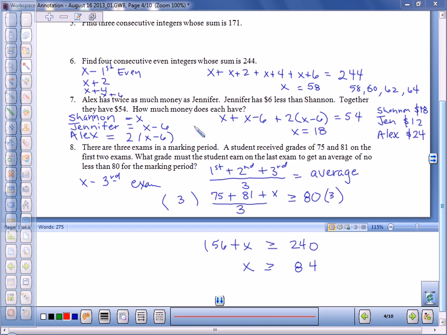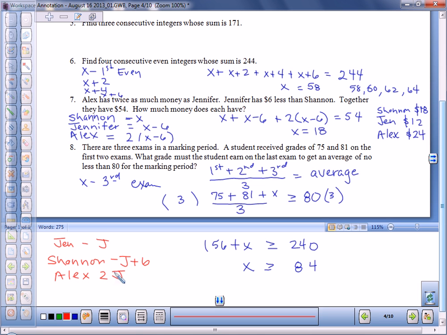Yeah? Okay, let's do it again down here, letting the variable represent Jennifer. If we let Jennifer be represented by J, then Shannon would be what? J plus 6. And Alex would just be 2J.